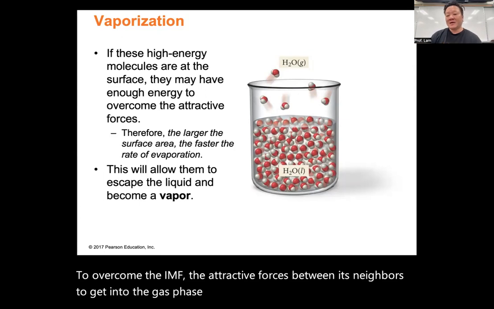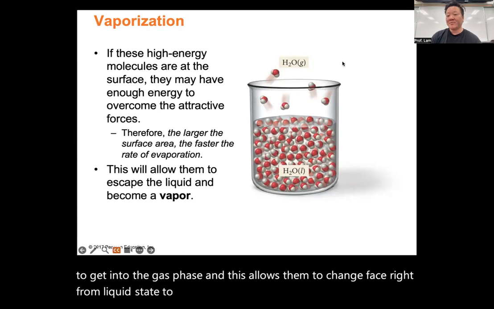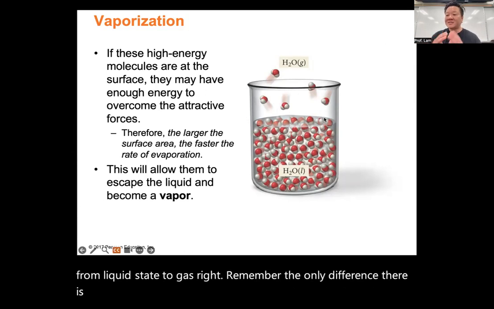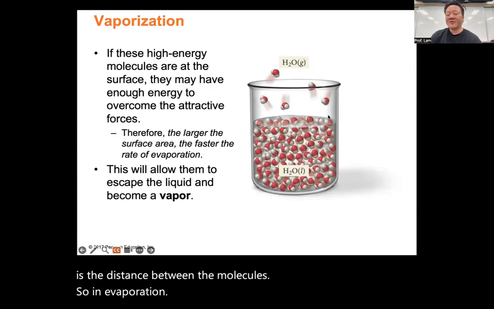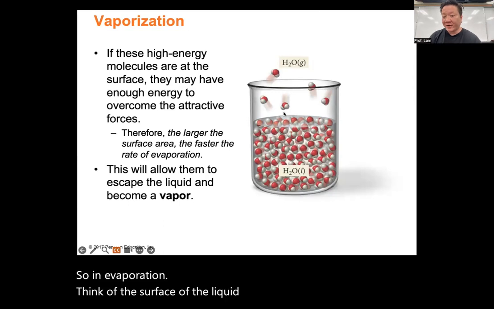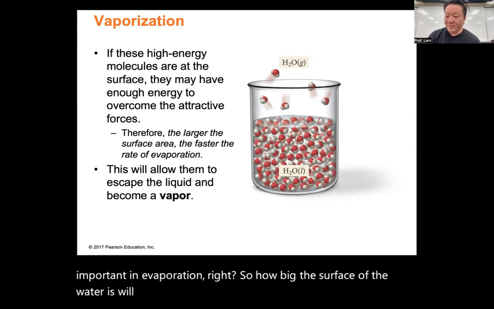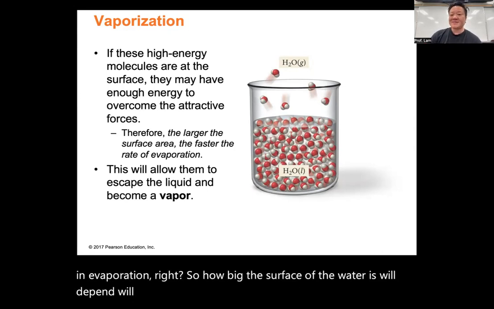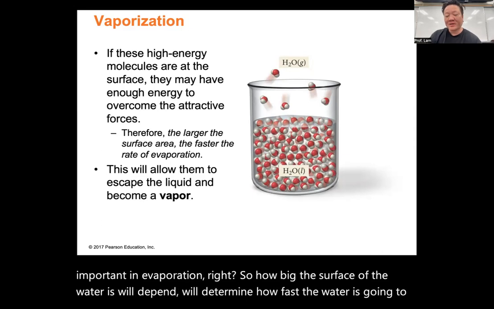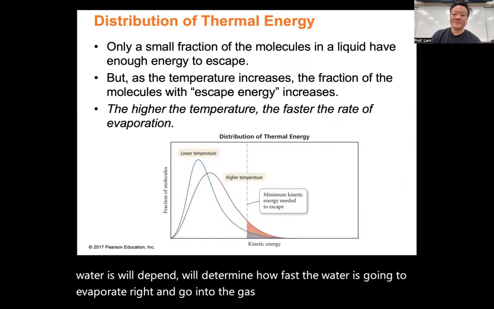And this allows them to change phase from liquid state to gas, right? Remember, the only difference there is the distance between the molecules, okay? So in evaporation, think of the surface of the liquid. That is going to be very important in evaporation, right? So how big the surface of the water is will determine how fast the water is going to evaporate and go into the gas phase.